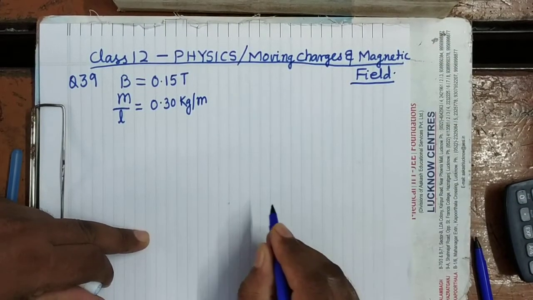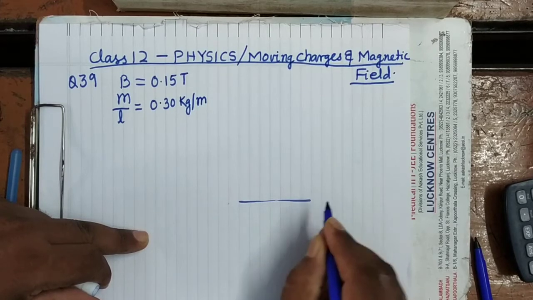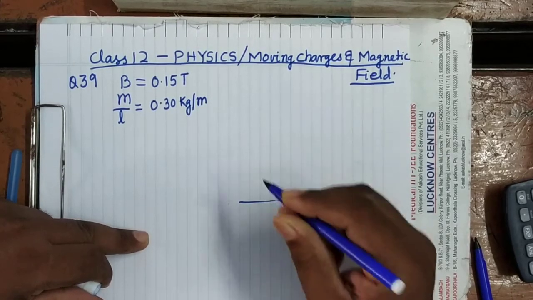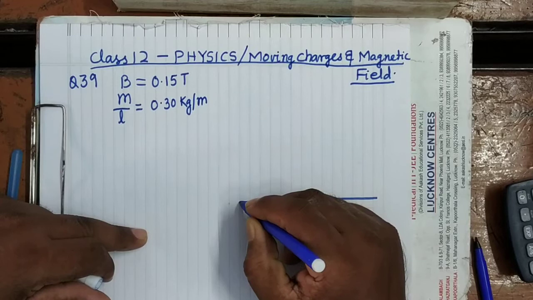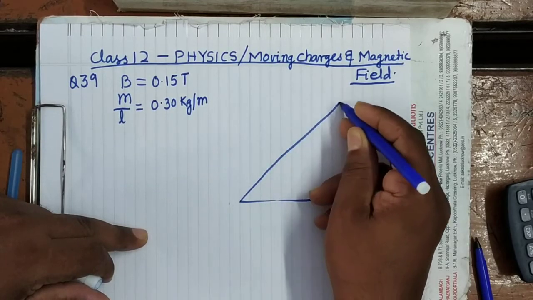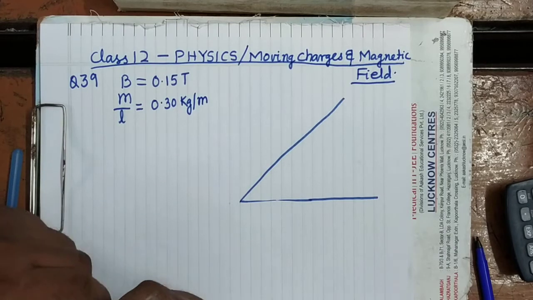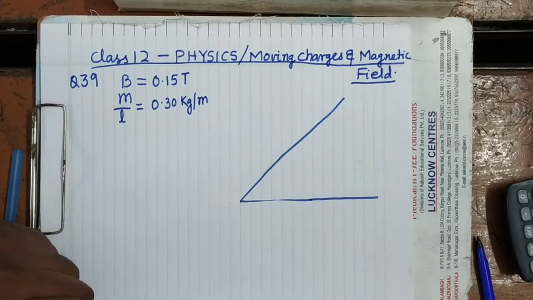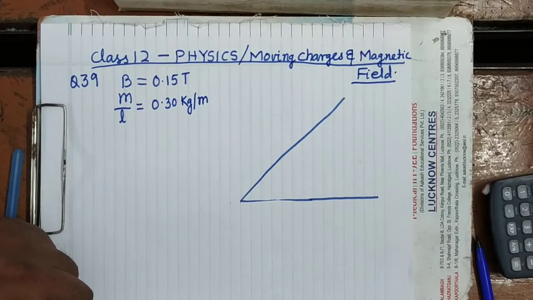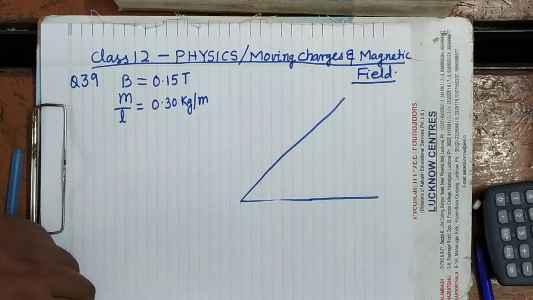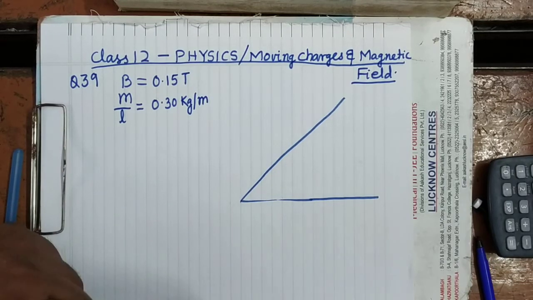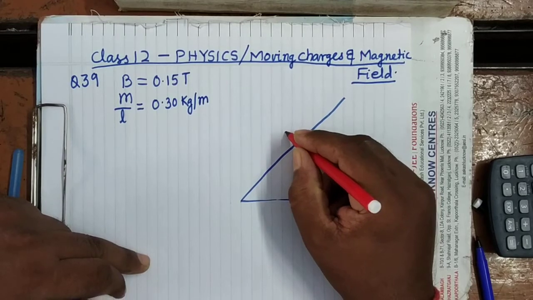Here this is the horizontal ground and this is the inclined plane. It's clear. And here I am showing only the cross section of the rod.